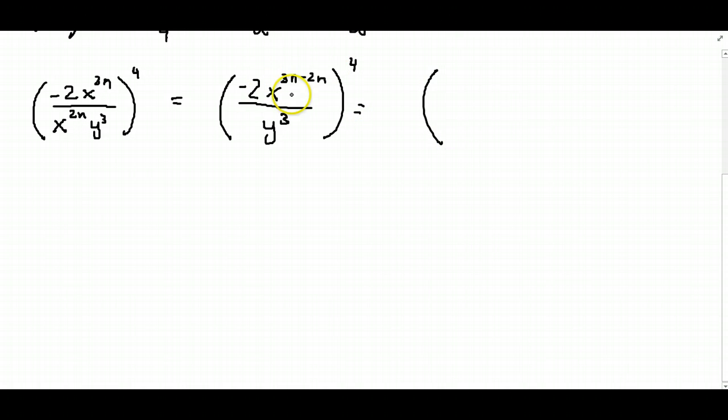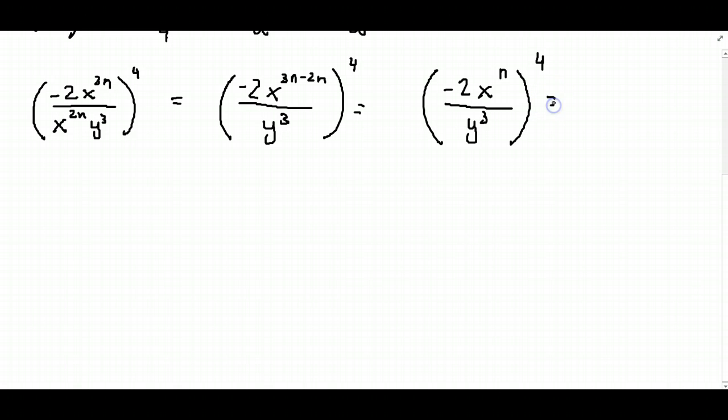So now we have -2x raised to the 3n minus 2n. And when we subtract those, we get just n. So our numerator becomes -2x raised to the n, over y cubed. Close fraction, close parentheses, raised to the 4th power.